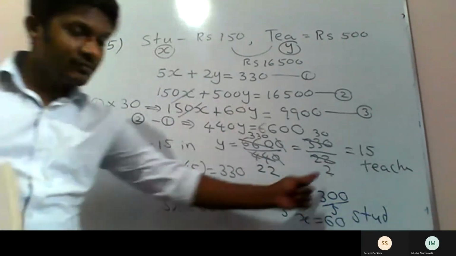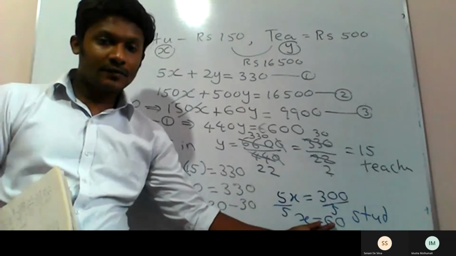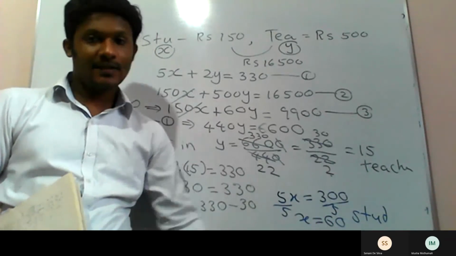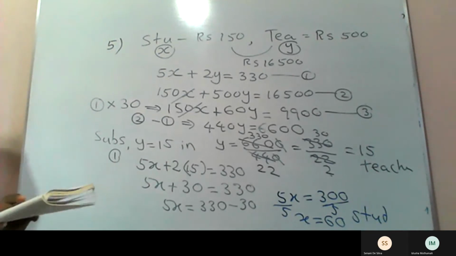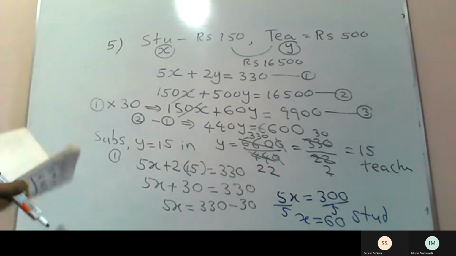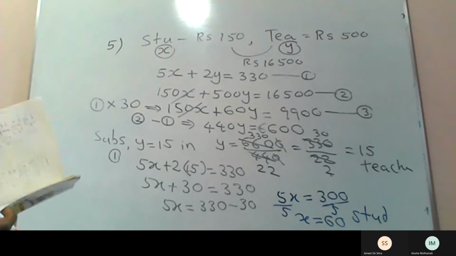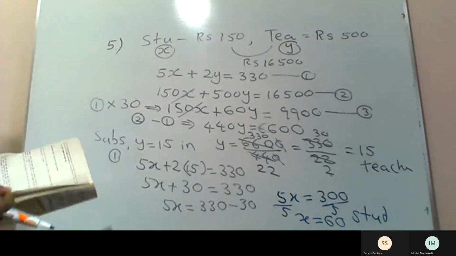Number of teachers, 15 teachers. Number of students, 60 students. Right? Are the answers correct? The answers are correct.